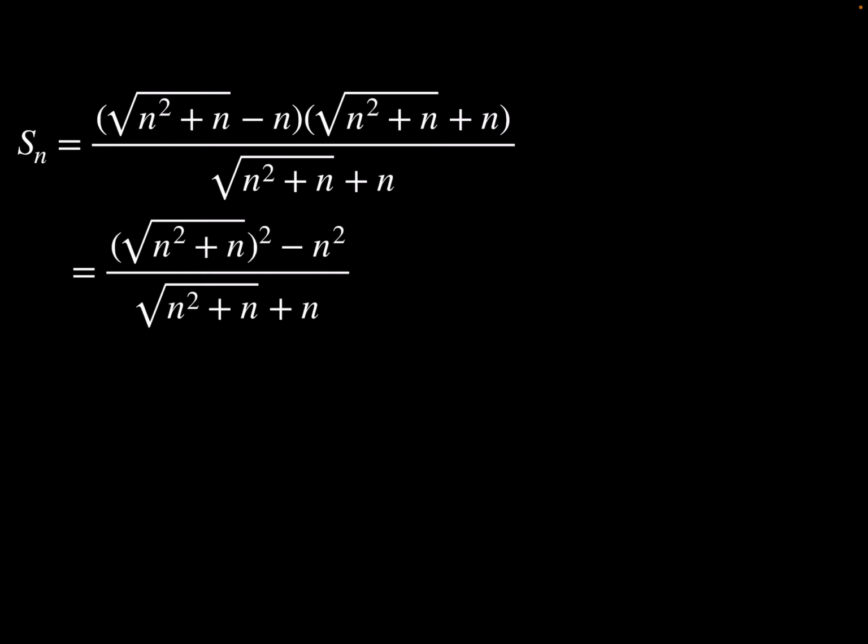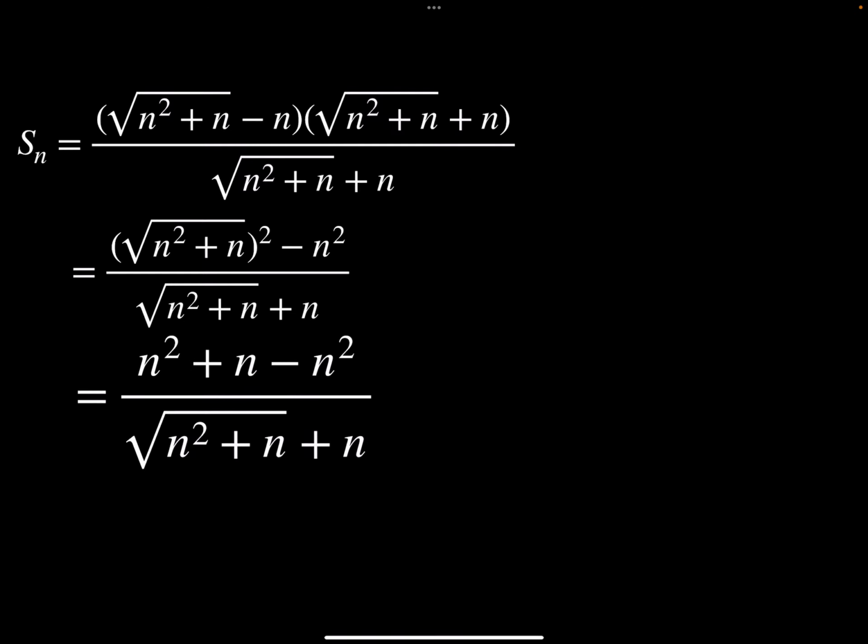Okay, now the square root of a number squared always gives back the radicand. So we get that s sub n is equal to the radicand, which is n squared plus n, minus n squared over square root of n squared plus n plus n.